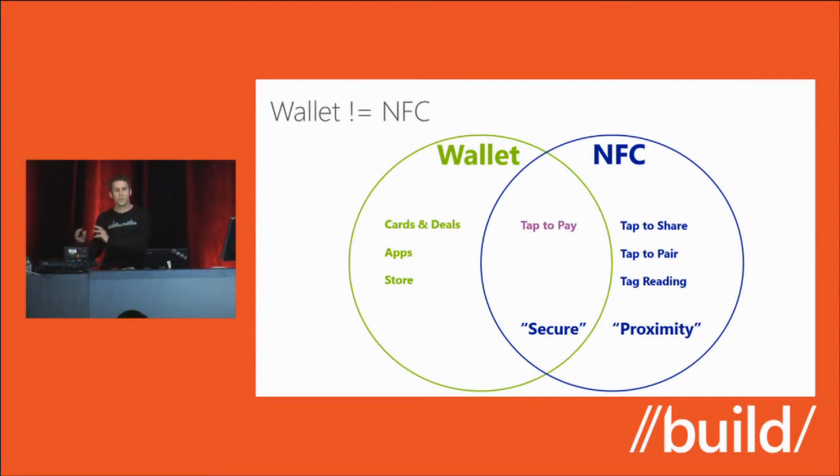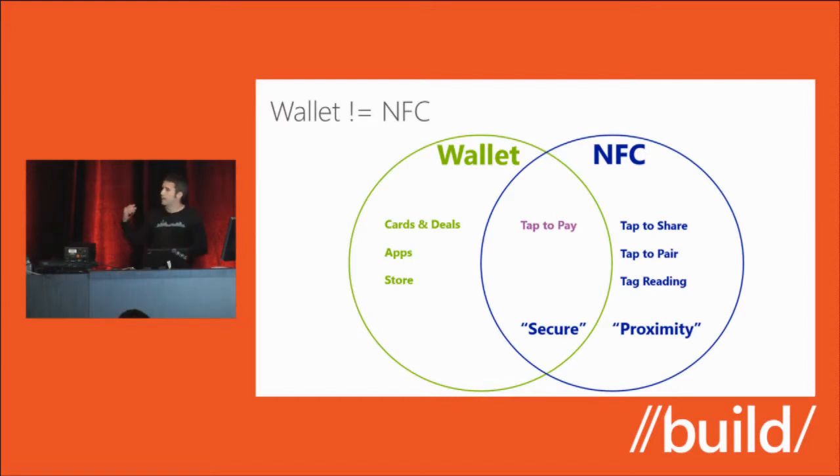The pure wallet functionality is all about providing this hub that brings together all my cards and deals in one place, and this extensibility model where all those retailers and airlines and banks can integrate with the wallet. And it's also the place where I manage my payment instruments for the app and music store. So when I go to buy an app now, I'm actually selecting payment instruments from my wallet.